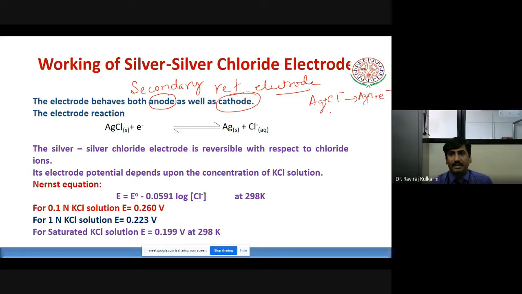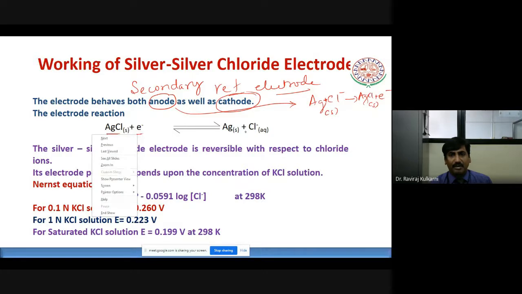This AgCl is solid, and the Cl minus is compensated with this electron, so charges are balanced. Reversibly, as cathode, AgCl takes an electron and gives Ag and Cl minus ions.